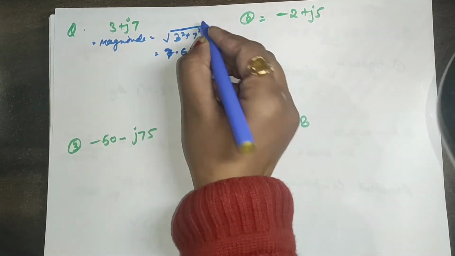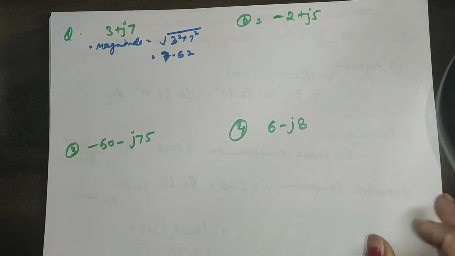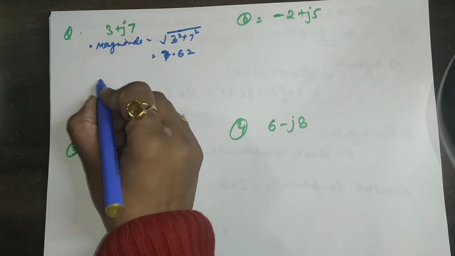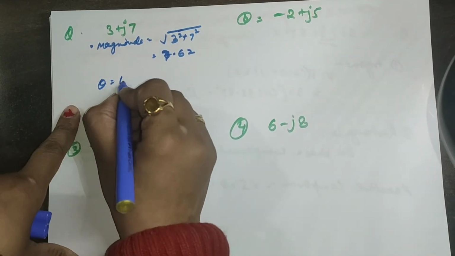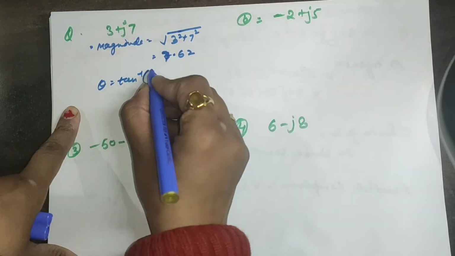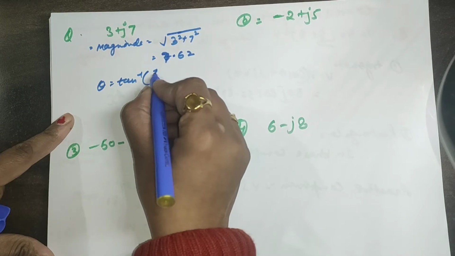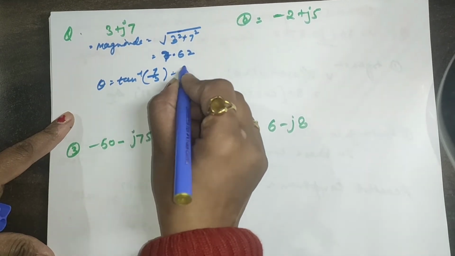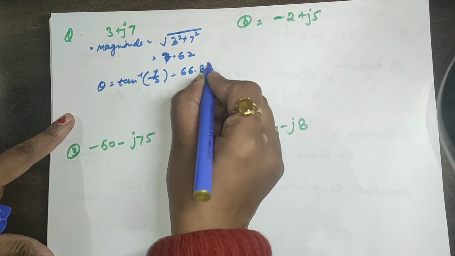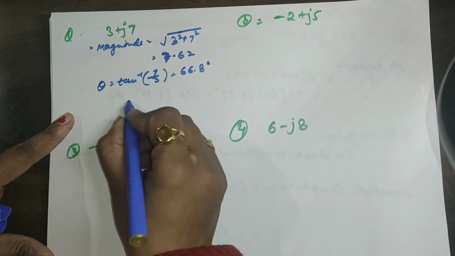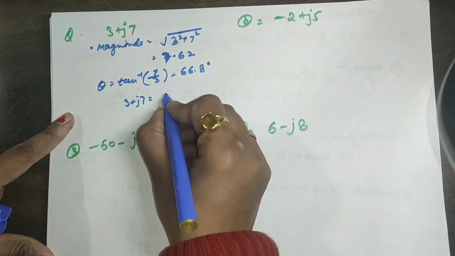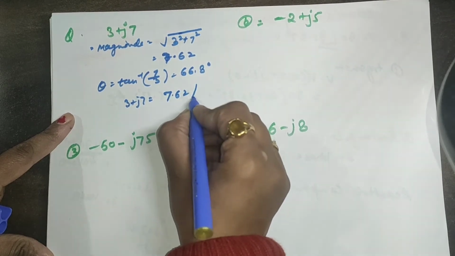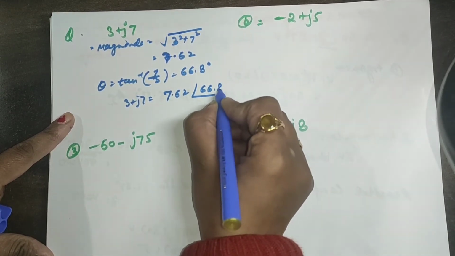Please do the calculation on your own, because if I do it here, it will be very time consuming. Theta will be tan inverse B upon A, so 7 upon 3, that will be 66.8 degree. So 3 plus j7 in polar form is 7.62 angle 66.8 degree.